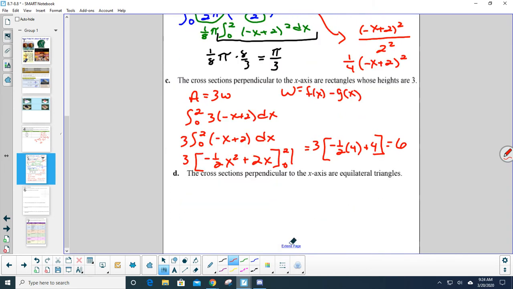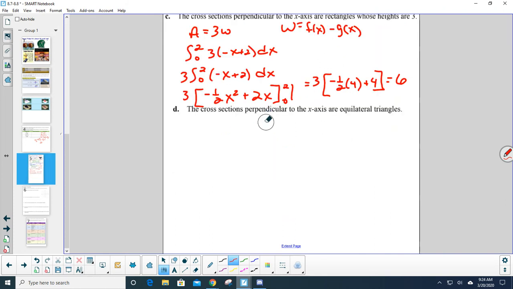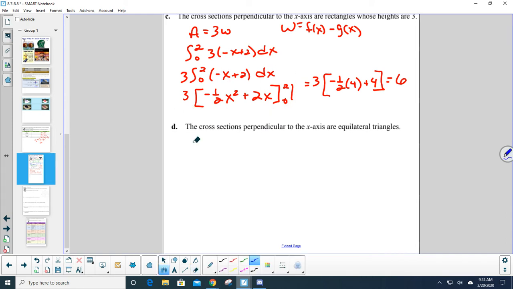Now we have one more to do. This one is the equilateral triangle one. I'm trying to pull it down a little bit. You all know an equilateral triangle: all the sides are the same and all the angles are the same.